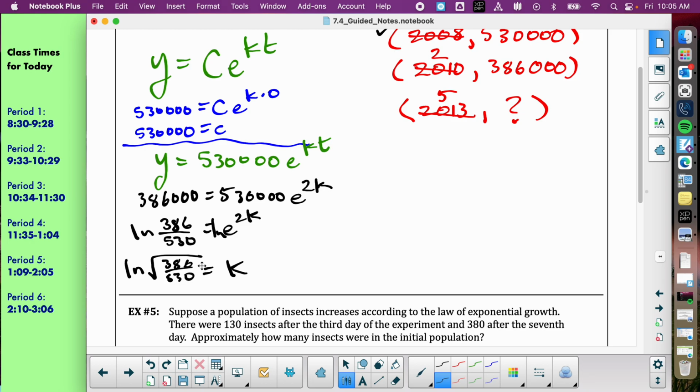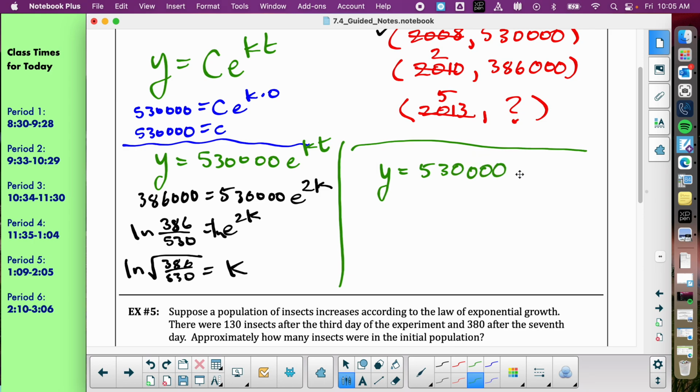That's my k value. And when I'm using 530,000, I want to be as exact as I can. So ln square root 386 5/30ths. You guys can certainly write the decimal. I'm just trying to show you that it's going to be slightly different.